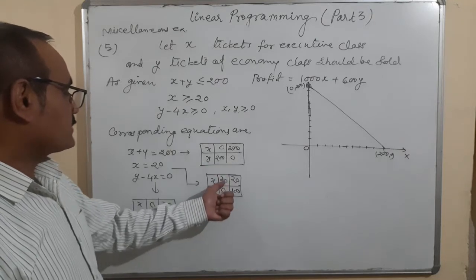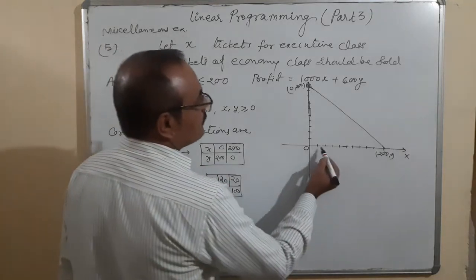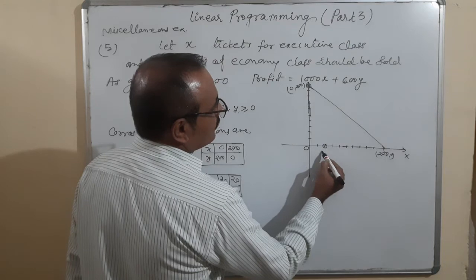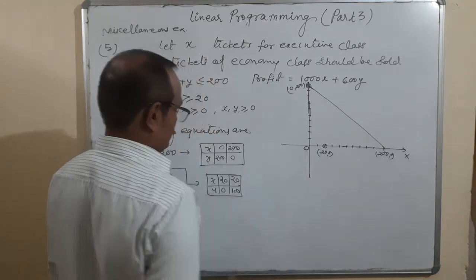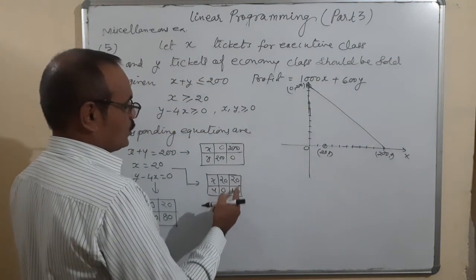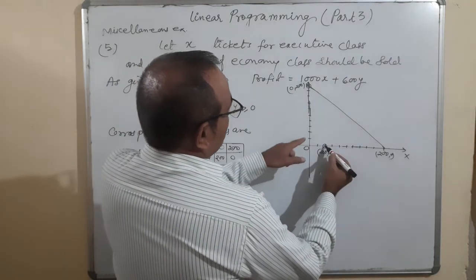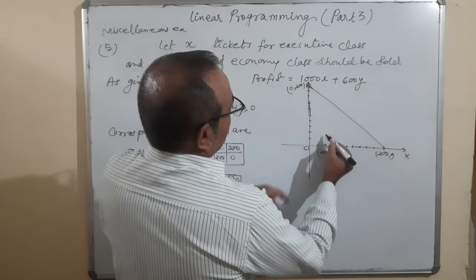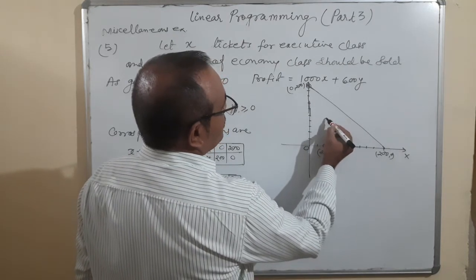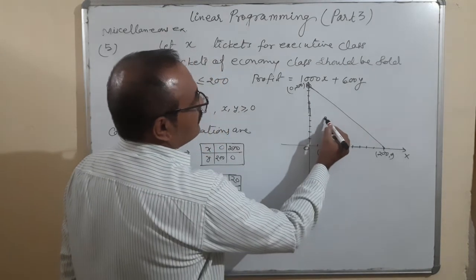Second, x 20, y 0, that is 20, 0. And x 20, y 100. You can write anywhere because all the points come in the same pattern.